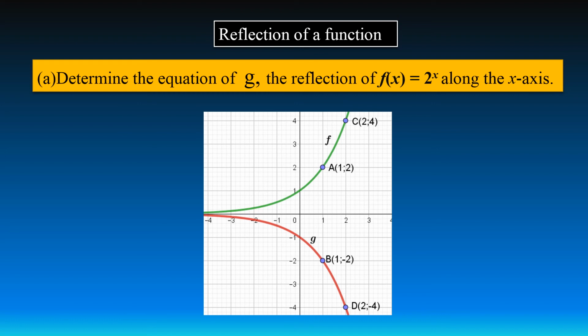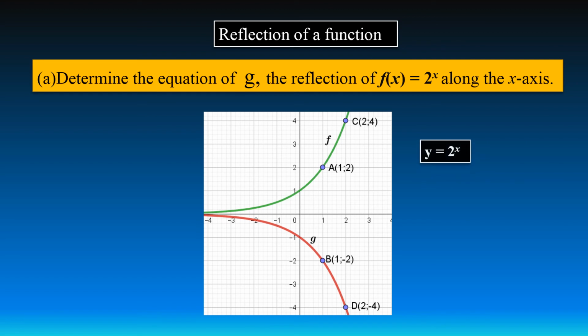Look at the point A. A is (1, 2), while the reflected point is B. B is (1, minus 2). So what we understand? The x value remains the same, but the y values change. 2 becomes minus 2. Same thing with C and D. The y values change, 4 and minus 4.